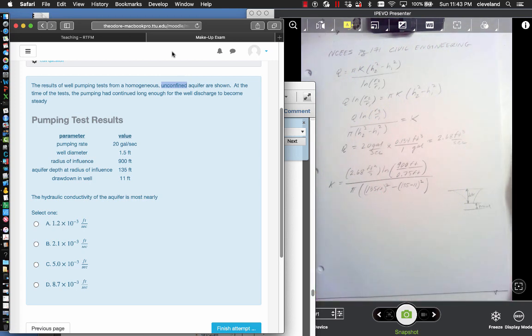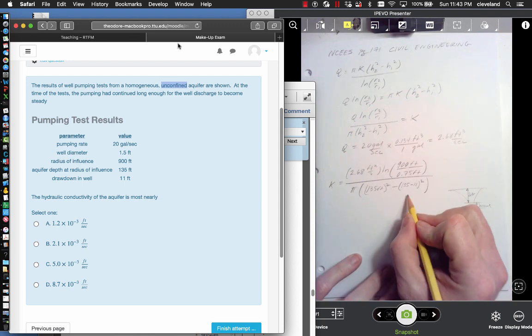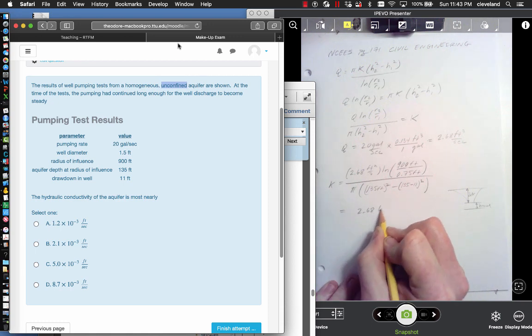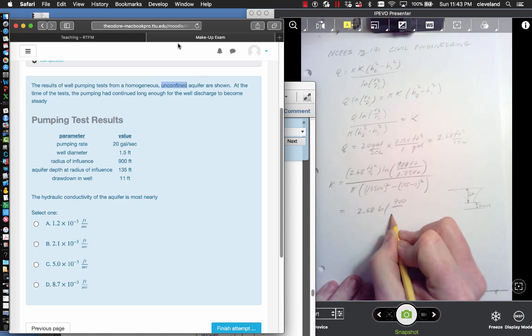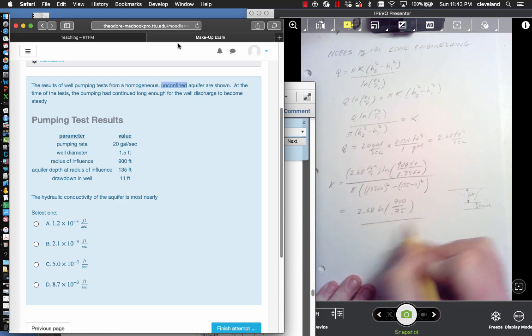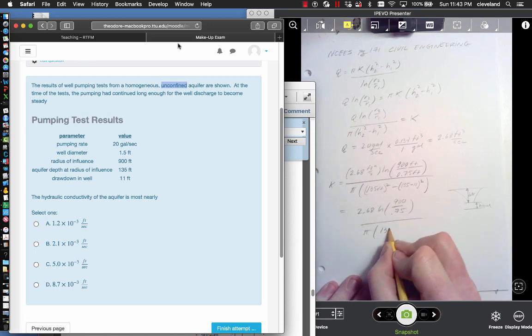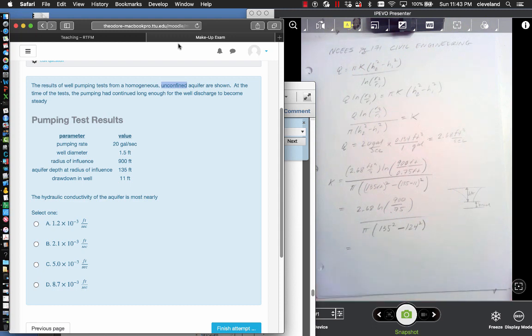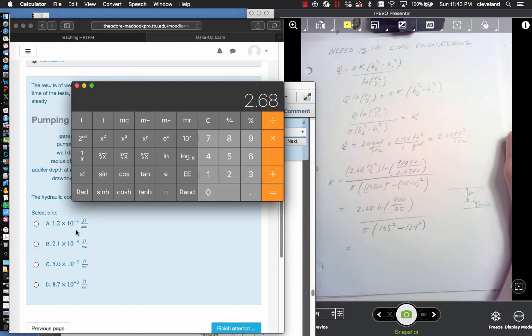Let's work on that denominator first. 135 minus 11 is 124. So this is 2.68 natural log of 900 over 0.75, over pi times 135 squared minus 124 squared. Now we'll perform the arithmetic on the calculator.